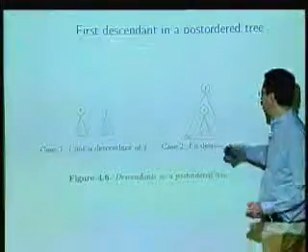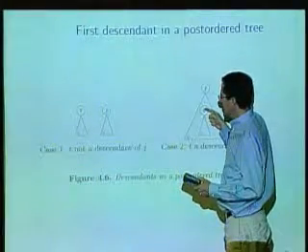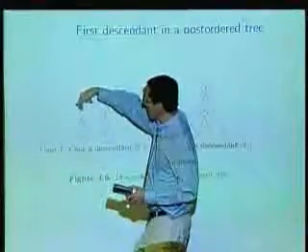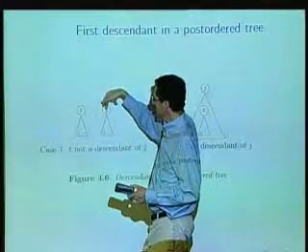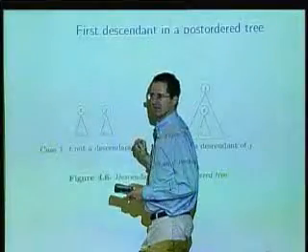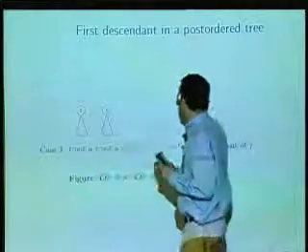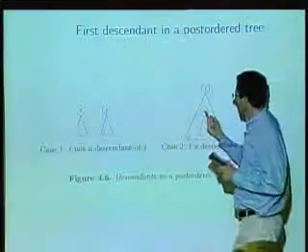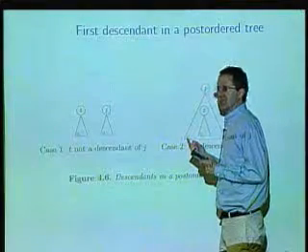So they're not ancestor or descendants. Otherwise, I have this picture. Here, T is greater than or equal to the first of J.